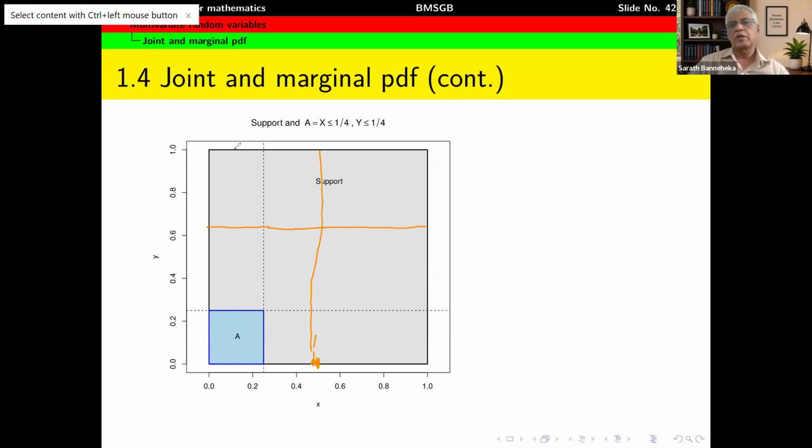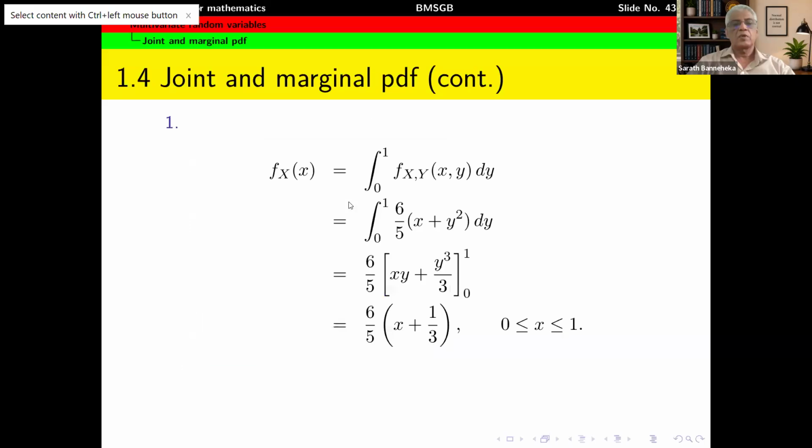Unlike the previous case, 1 minus y or 1 minus x doesn't count because there's no restriction like in the previous situation. Therefore, the marginal density function of x is equal to the integration of the joint density with respect to y, where y goes from 0 to 1, and this is what you get.